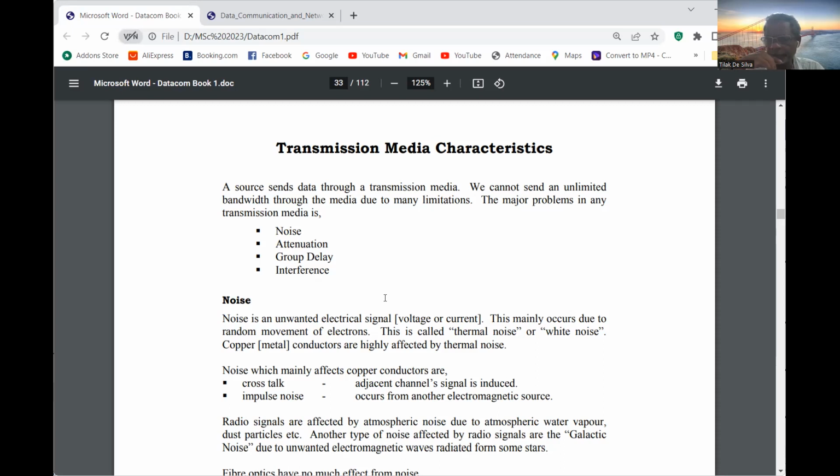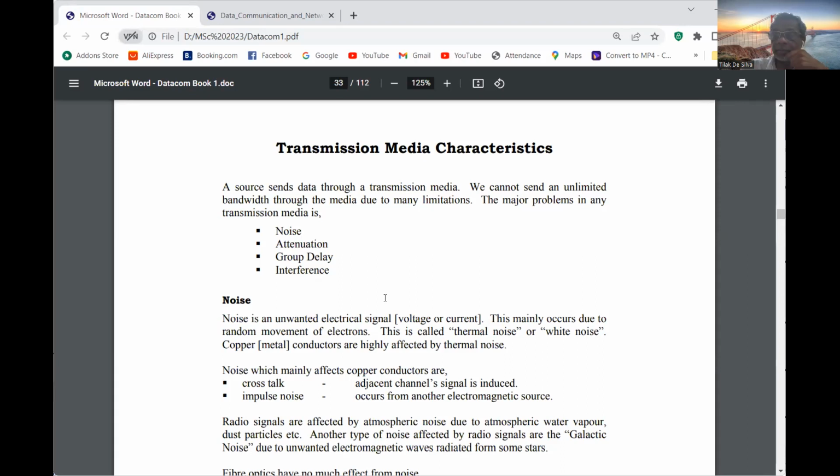We have HD, high definition TV channels now in Sri Lanka as well. What are they actually communicating? They are communicating through free space anyway. So are they actually releasing an HD signal, or is it just the transmitter?